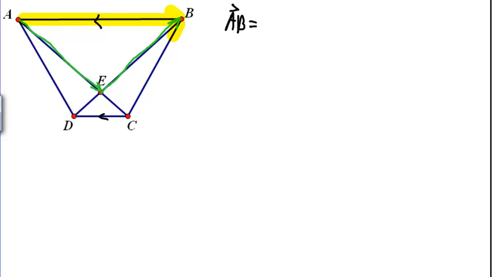So if I were to write that down, I would write AB is equal to vector AE plus vector EB. There we are. There's our first one. Do you see another way of writing down AB? Take a moment and write down as many ways that you can see of getting vector AB.